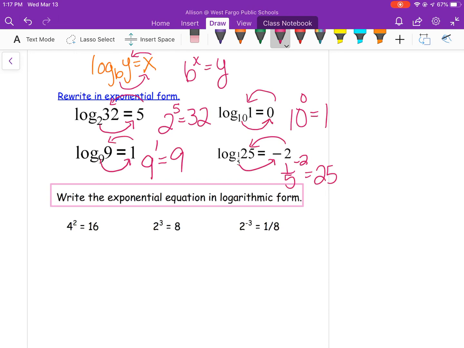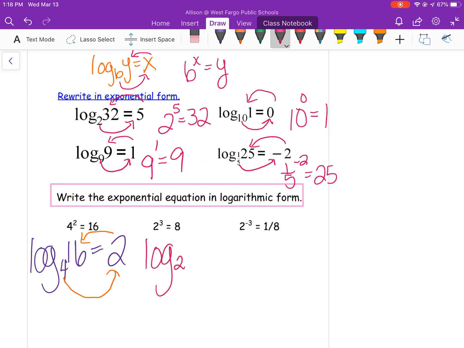And we can go backwards as well. 4 squared is 16. Well, that's log base 4 of 16 equals 2. And you can see 4 to the second power equals 16. It works out. So we're just going backwards now. 2 cubed equals 8. 2 is the base, and 8 is what it equals, so that's your y. So this is log base 2 of 8 equals 3.